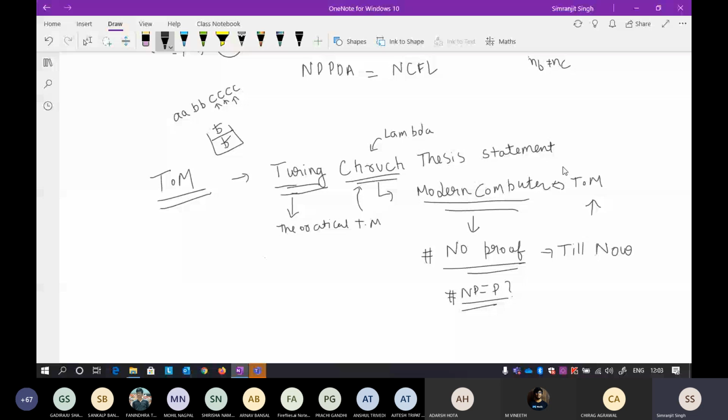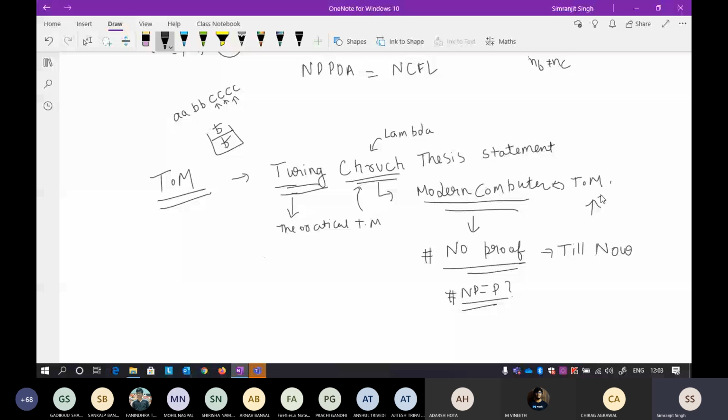Every problem that is solved by your modern computer is solved by a Turing machine, and many scientists have given many problems solved by a modern computer for which an equivalent Turing machine also exists. Till now, no scientist has been able to find any problem that is solved by a modern computer but not by a Turing machine.